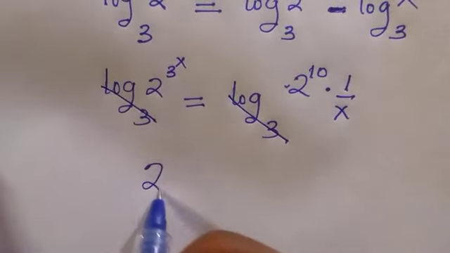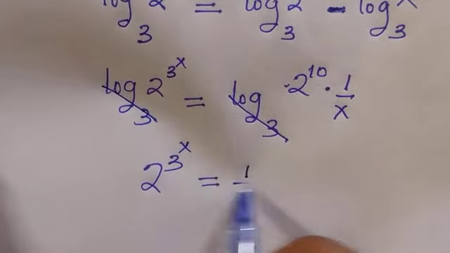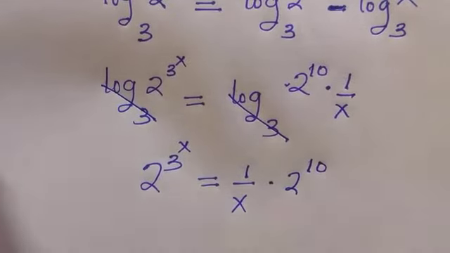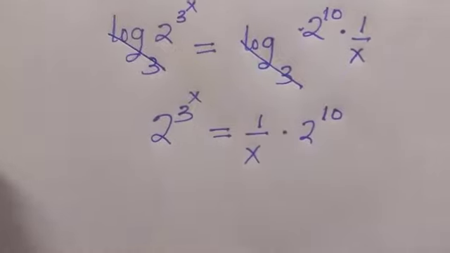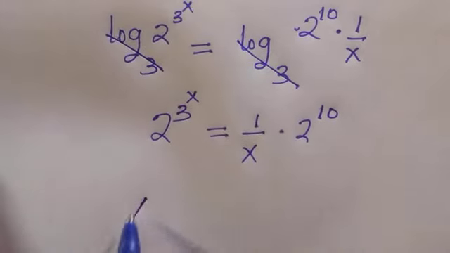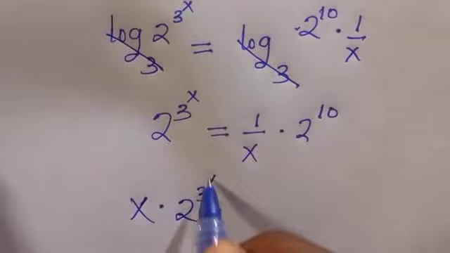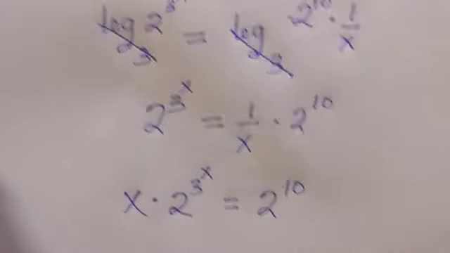Then we have 2 to the power of 3 raised to the power x equals 1 divided by x dot 2 raised to the power 10. And to get the value of x, what to do at this stage is we'll multiply by x, and here we have x dot 2 to the power of 3 to the power x equals 2 to the power of 10.